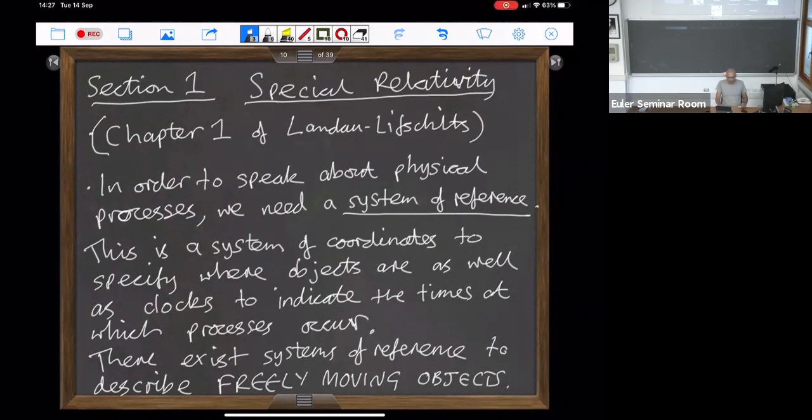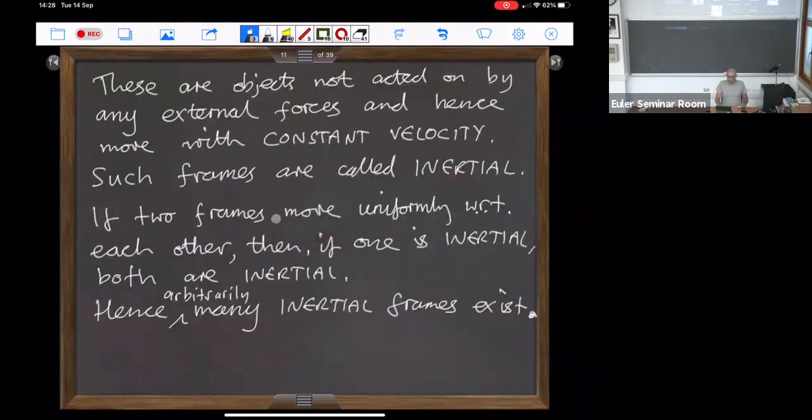Now, the systems of reference, or coordinate systems, that are most important in special relativity are those pertaining to freely moving objects, which are not acted upon by any external force. Such an object will be in uniform motion, let's say moving with respect to another object with constant velocity.